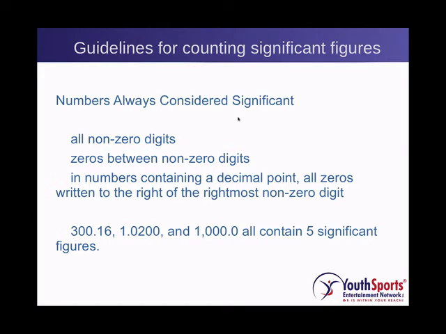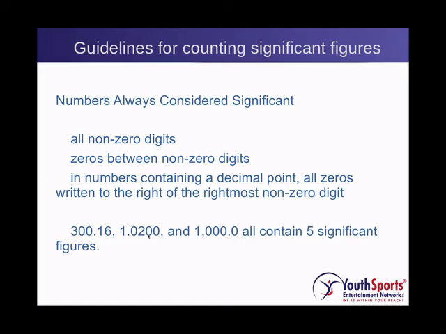So the numbers that are always considered significant are all non-zero digits. That means anything that's not a 0, like a 3, a 1, a 6, 1, 2, 1, all of these are considered significant digits. Zeros between non-zero digits, for example, these 2 zeros are coming between non-zero numbers, they're definitely significant. This 0 is coming between a 1 and a 2, this is significant.